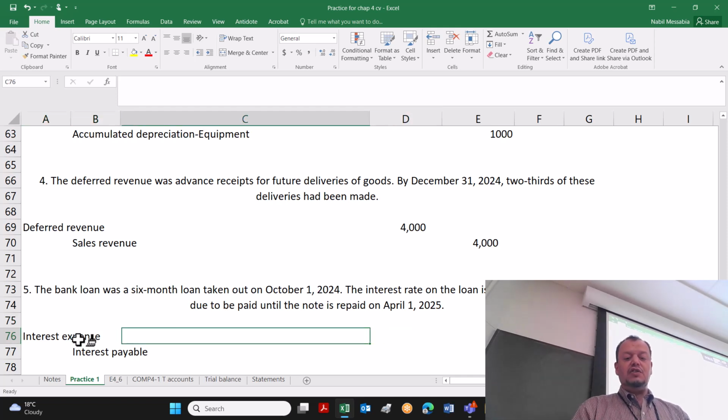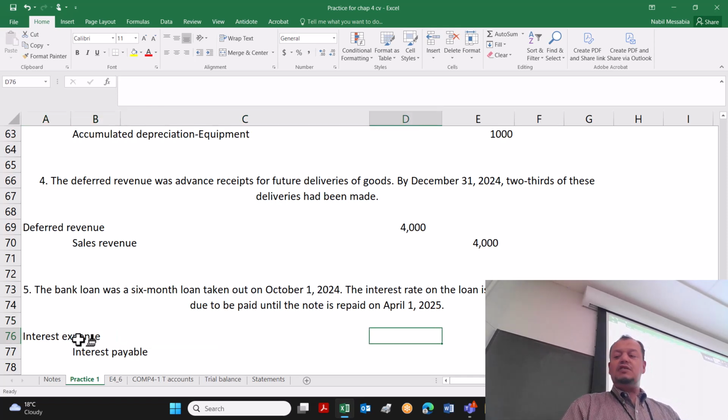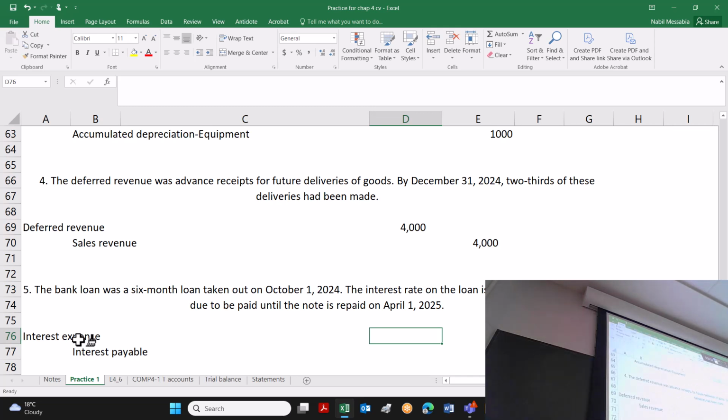Yes, there is a calculation to do. 9%. The rule for calculation of interest is always the same. Interest equals principal times the interest rate times the period of time.